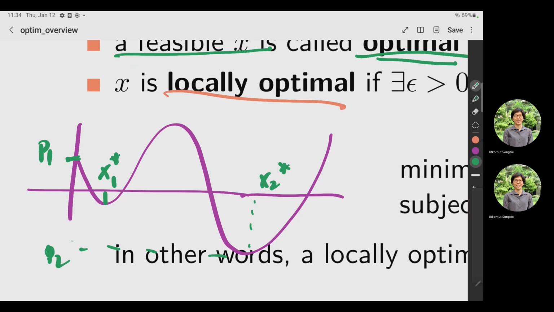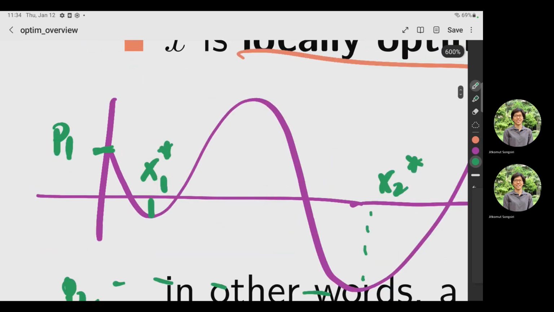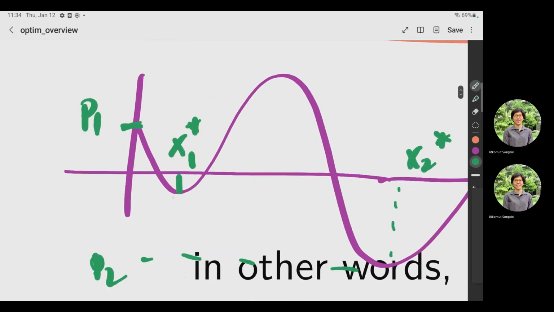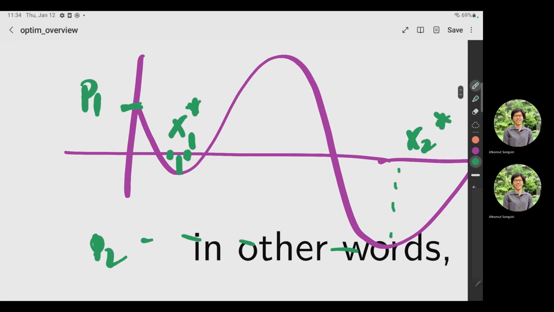P2, obviously P2 is the optimal value if I minimize it. We say x1 star is locally optimal, because if I compare to my neighborhood, f naught of x1 star is still smaller than the function values evaluated at any point in the neighborhood.